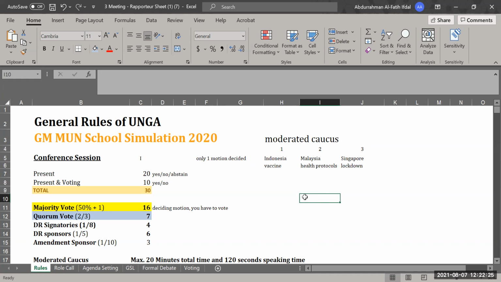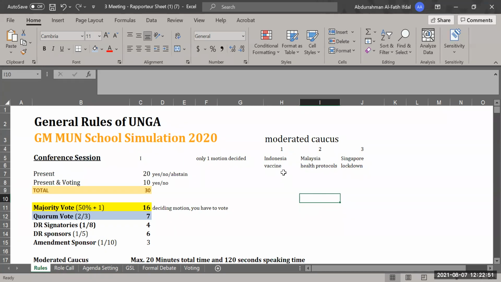Okay, now we have understood that we have to choose one, right? But if we take a look at the moderated caucus motion proposal list, we see that the motions have three different topics, right? Which means that we have to decide based on the vote on each motion.